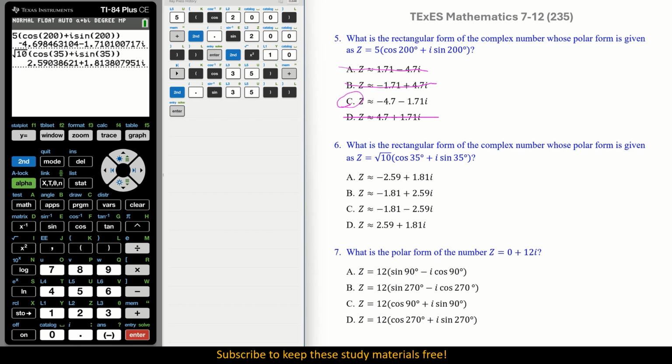Okay, now let's push enter. Okay. All right, and we need a positive, it looks like we can round to 2.59. Let's see who gives it. Okay. Looks like this is the only proper starting value. But let's keep double checking. Plus 1.81.